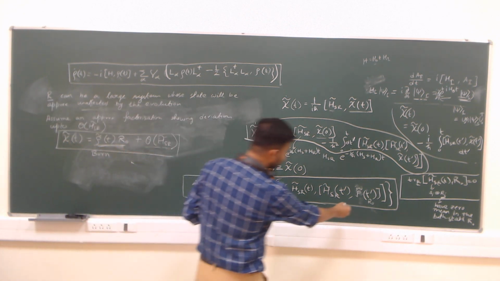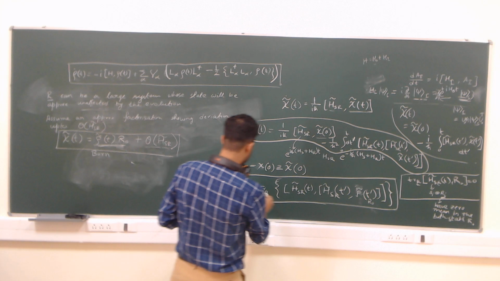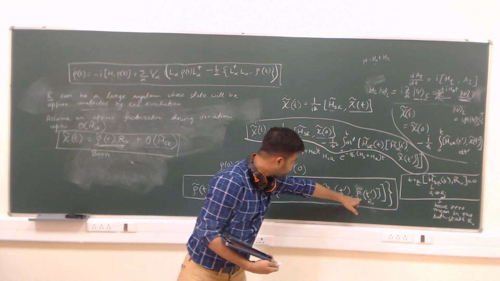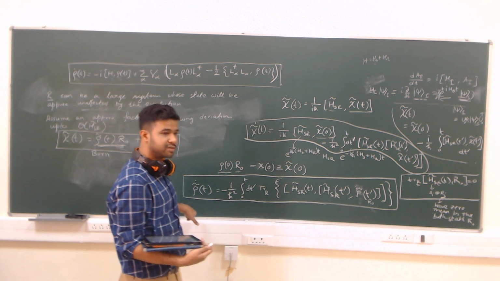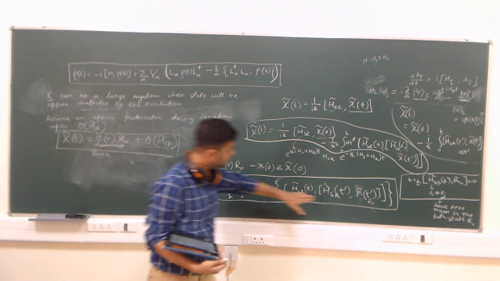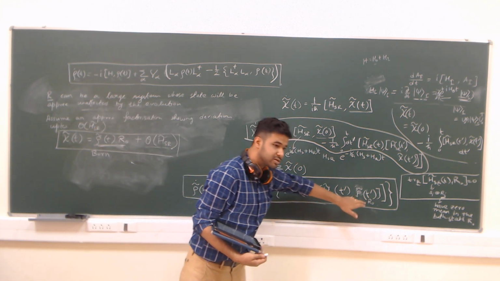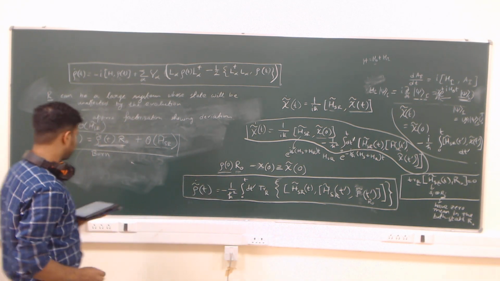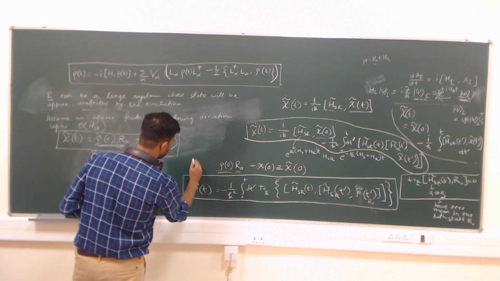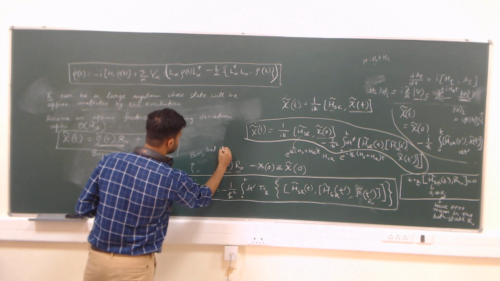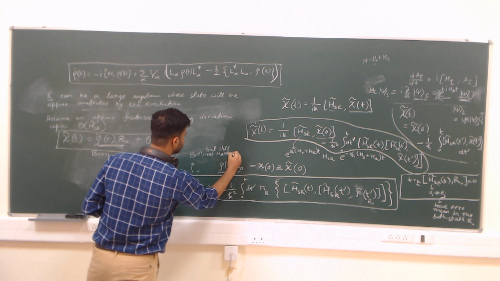But here we have this rho tilde t prime, where t prime runs from 0 to t. So the memory of this rho tilde t prime from 0 to t, everything is going in this expression to give me rho tilde dot t. That memory of the state from 0 to t is inside this right hand side expression. So it is still non-Markovian. This is Born, but still not Markovian.